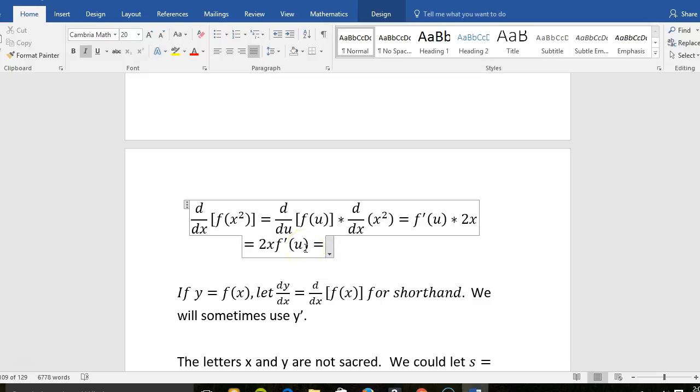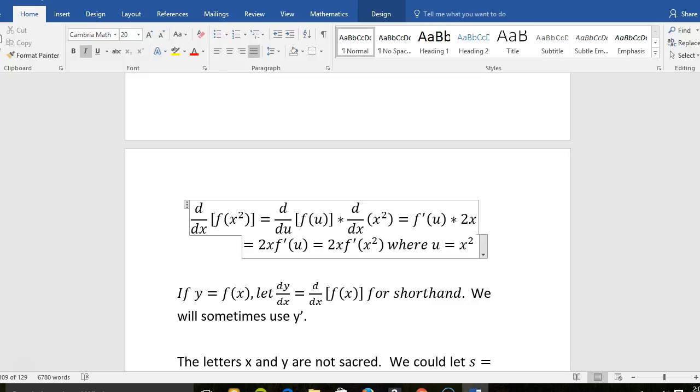You could say 2 dot x dot f prime of u, but nah. So that's 2x. Now u is x squared, and that's it, we're done, except that I do need to note that u equals x squared.